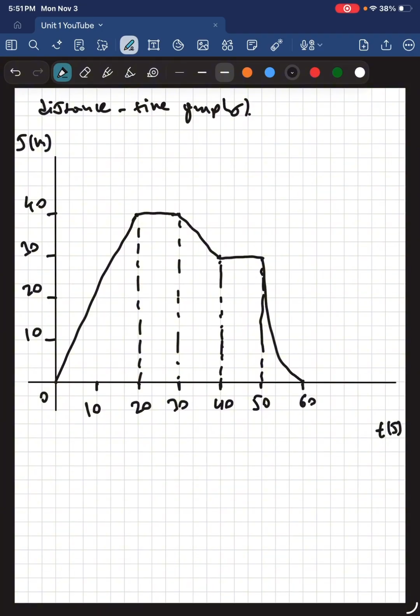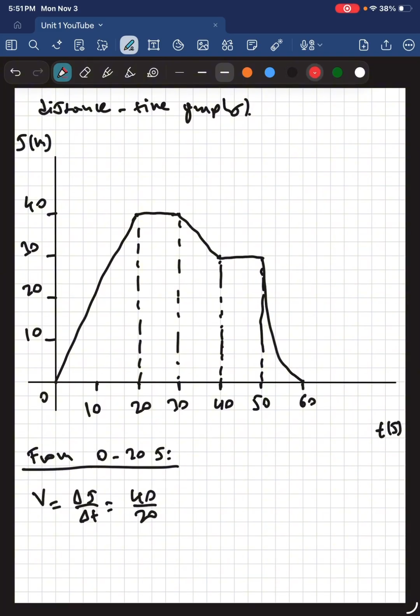From 0 to 20 seconds, what's going on there? We need to calculate the velocity. The velocity is delta S over delta T. Since this is a straight line, we will use 40 over 20, so we will use the whole interval.